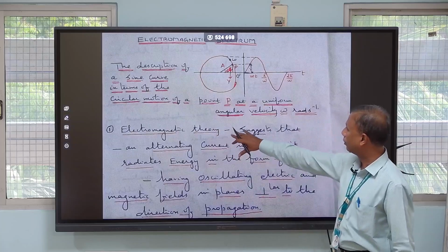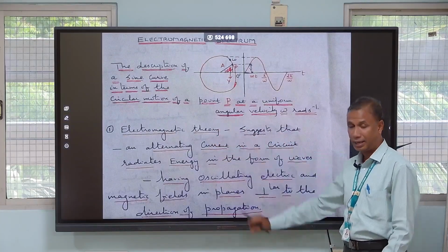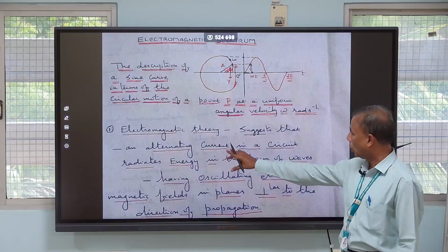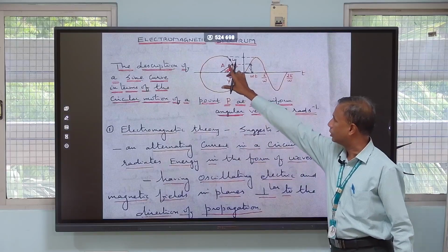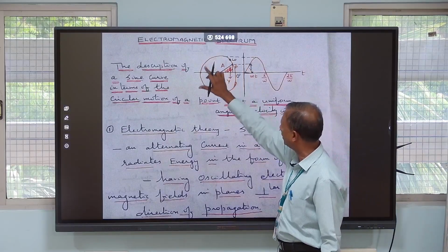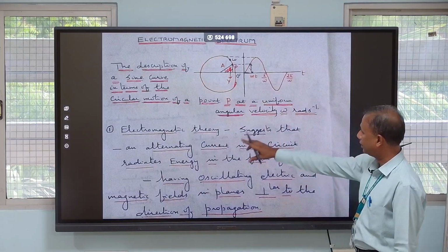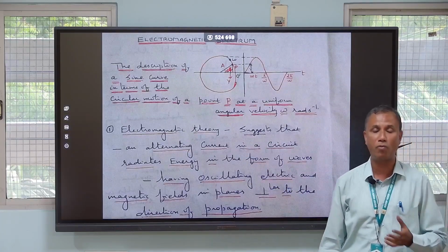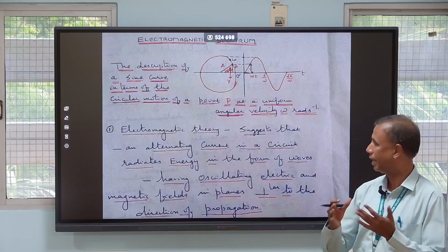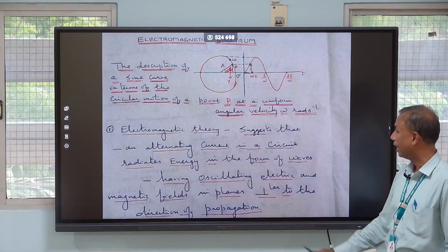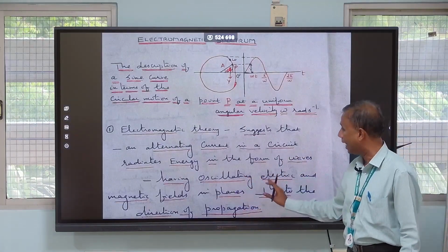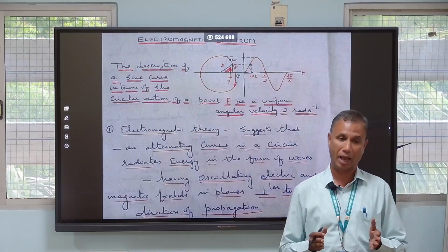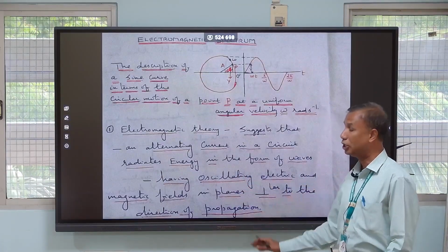The electromagnetic theory suggests that an alternating current in a circuit, just imagine a particle moving in a circle, radiates energy in the form of waves having both oscillating electric and magnetic fields, and they are perpendicular to each other.